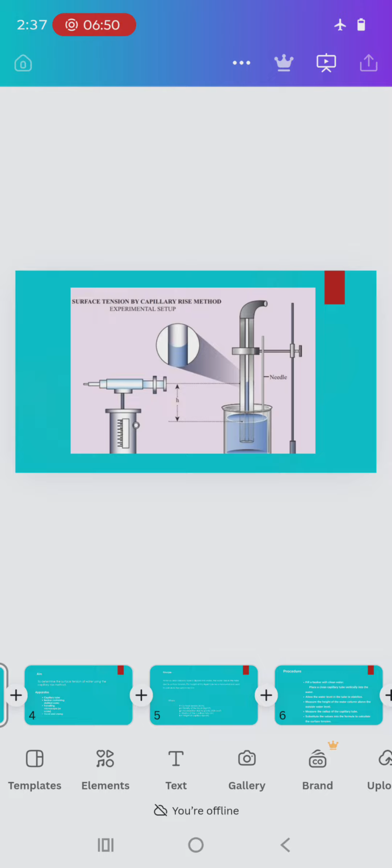T equals r h rho g divided by 2 cos theta. r is the radius of the capillary tube, h is the height of the liquid rise, rho is the density of the liquid, g is the acceleration due to gravity, and theta means angle of contact. Finally, calculate the surface tension.